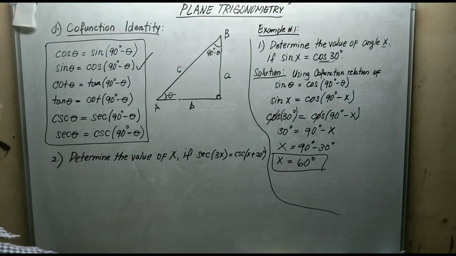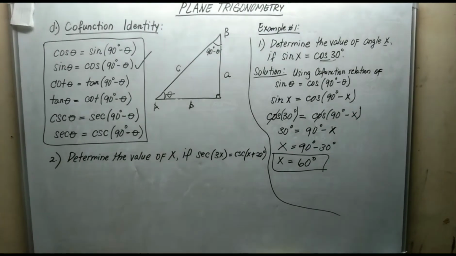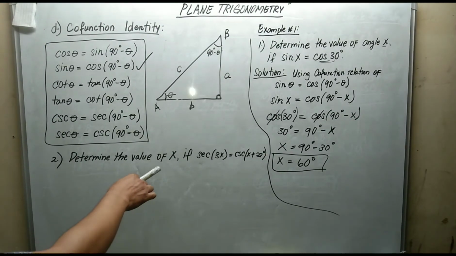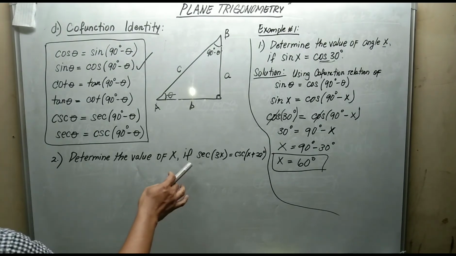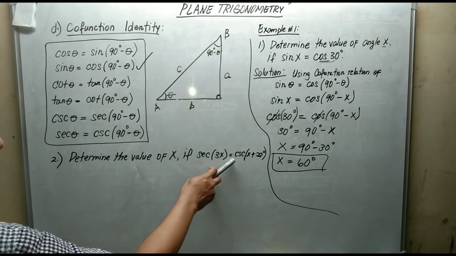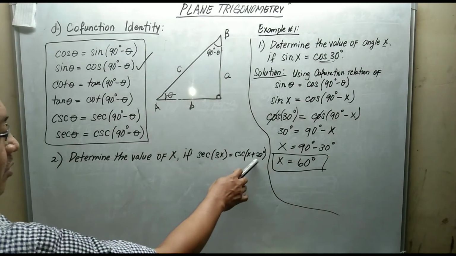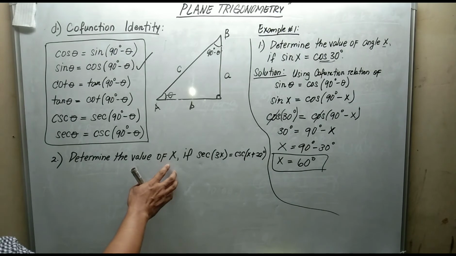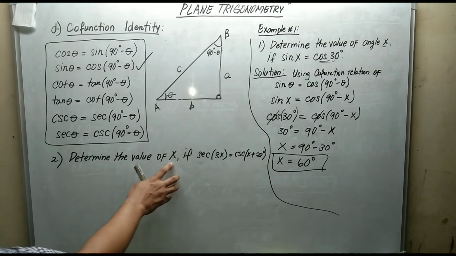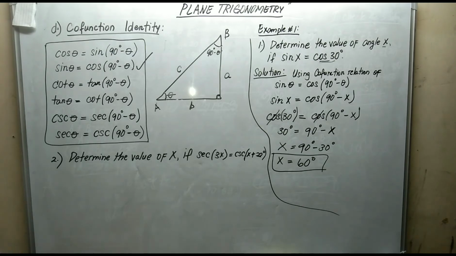So this is our problem, guys. Determine the value of x in terms of degrees, if the secant 3x is equal to cosecant x plus 22 degrees. So we need to find the x, guys. How much degrees? How many degrees? Okay. Now, solution.